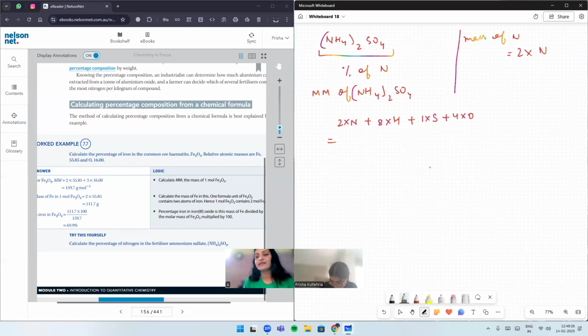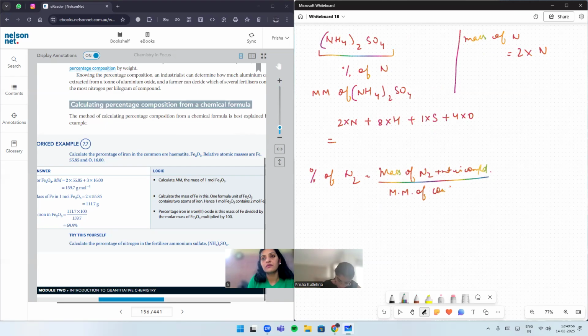Okay, just do the calculations. Mass of nitrogen present in the compound over the molar mass of the compound into 100.